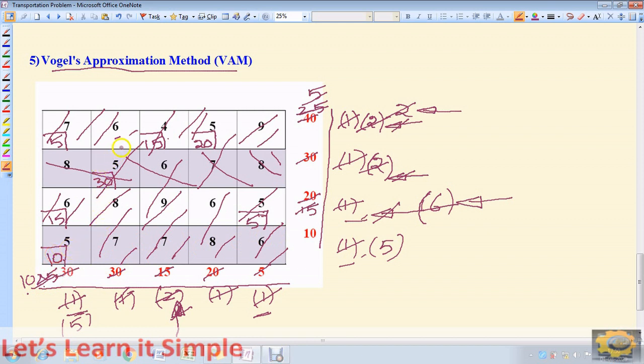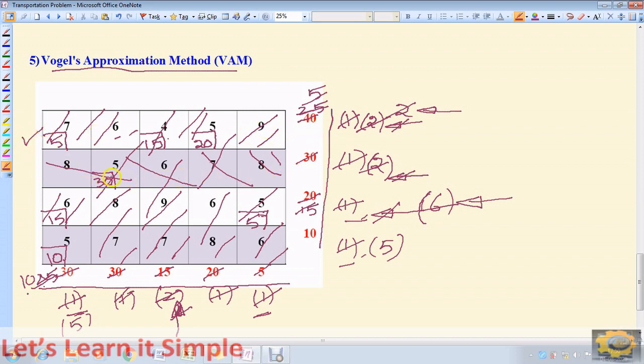So this is how we need to do by VAM, that is Vogel's approximation method, by allocating the resources to reduce the transportation cost. So after allocating the cells, again we need to verify: 5 plus 15, 20, plus 20, originally it was 40, done.